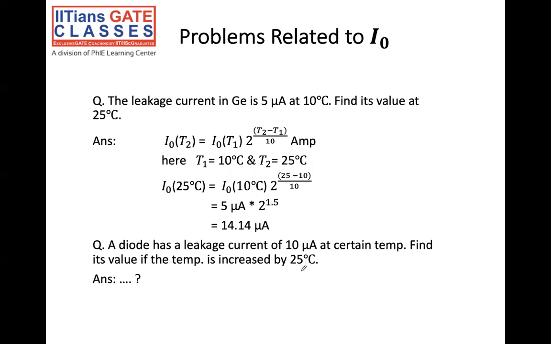In the same way we can calculate its value, and in this case the value will be around 56 microampere. We can find it out. It is your homework, you can solve it at home.